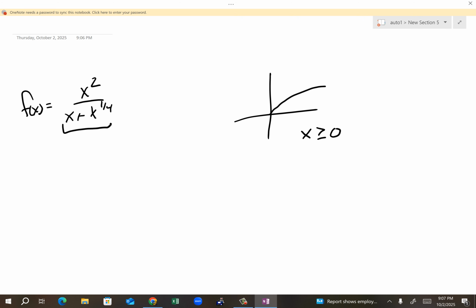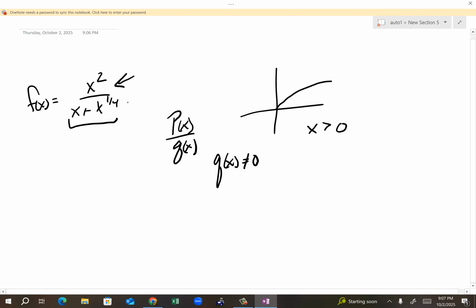Right? But you're like, Groom, it can't be 0. Bro, I'm on it. Remember, though, we said that if you have p of x divided by q of x, q better not be 0. Well, when does that happen? It happens when x is equal to 0. So we would just simply say this. Ta-da! Because this is continuous on its domain, all we have to do then is tweak the bottom guy to make it not equal 0. So instead of being greater than or equal to 0, we just say it's greater than 0. Yay! And the crowd goes wild.